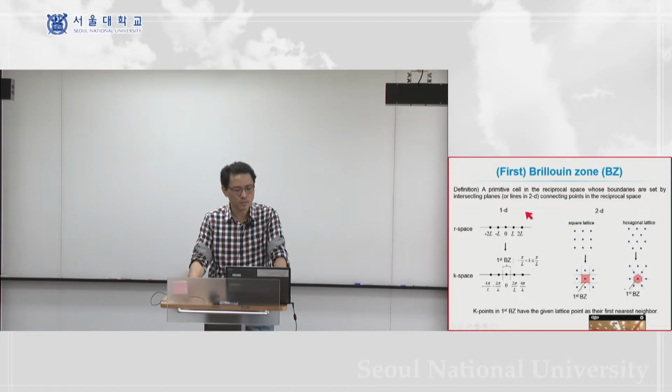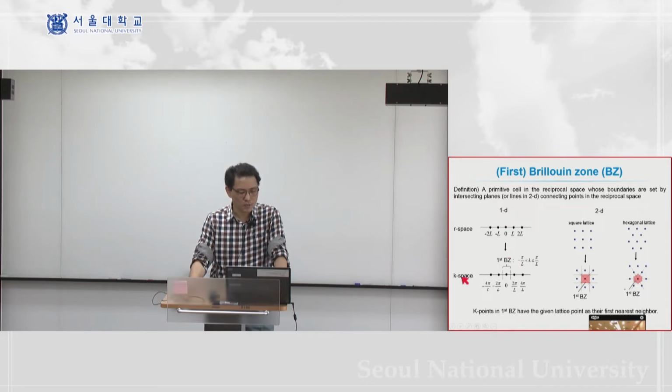So in the example of the one-dimensional structure, the real space lattice is as follows, where the length of the lattice parameter is L. Every lattice point is repeated like this.